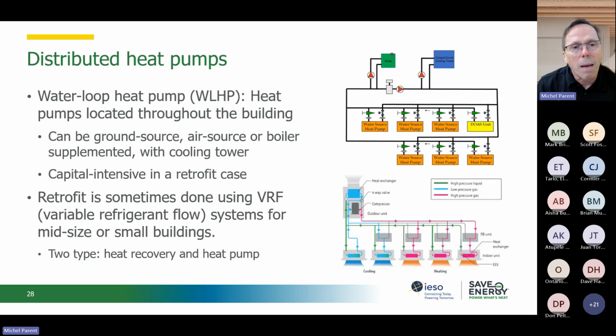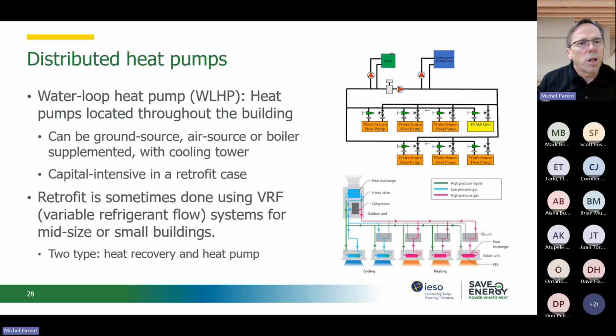You can have the same configuration of ground source heat pump using distributed heat pumps. Distributed heat pumps are fairly common. A lot of mid-size buildings in Ontario use distributed heat pumps in their building. So you will have heat pumps in the ceiling space, very often throughout the building. They're usually connected to a loop that has a boiler and a fluid cooler or cooling tower.